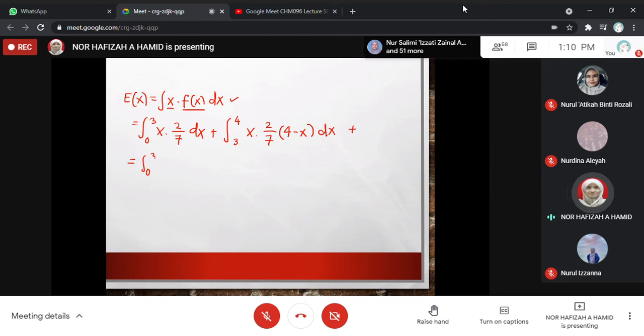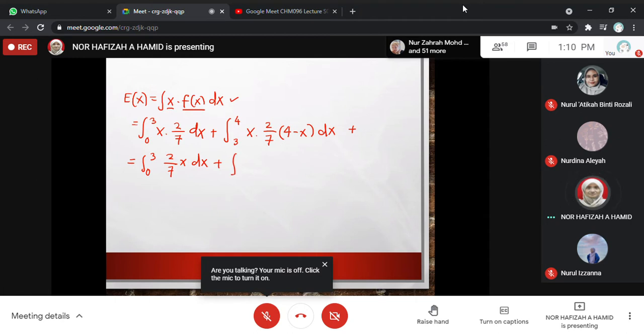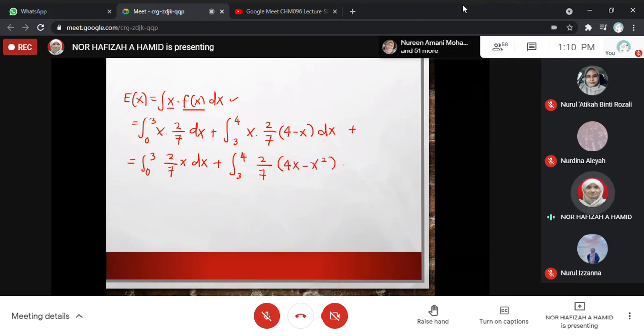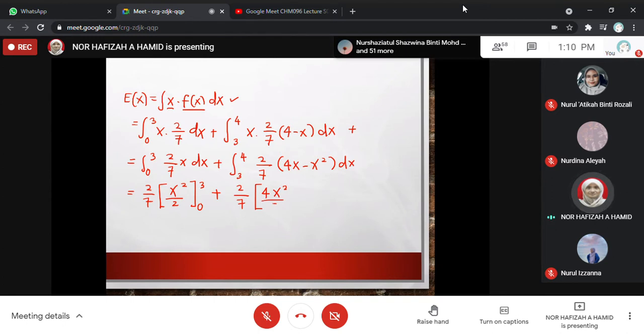Okay, 0 until 3, you have 2 over 7x dx plus with limit 3 until 4, and we have 2 over 7 times 4x minus x squared dx. So equal to, you integrate: integrate x, we have x square over 2 and 0 until 3, plus with 2 over 7, and integrate for x, we have 4x square over 2 minus with x cube over 3 and limit 3 until 4.